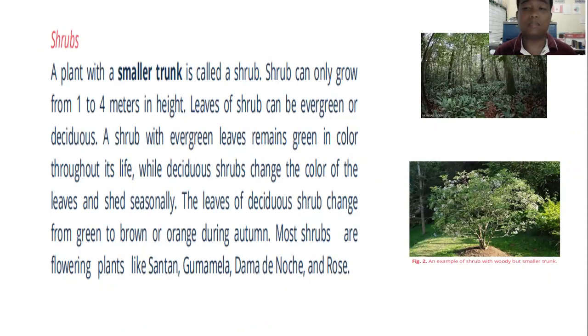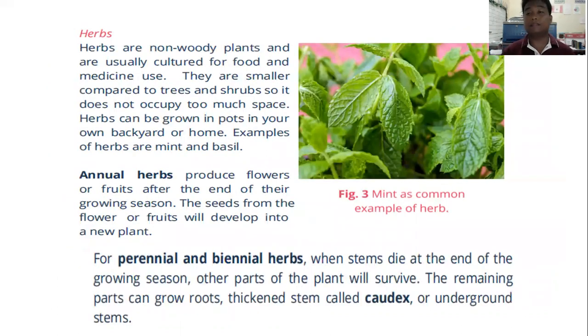Another type of terrestrial plant that we discussed is smaller, like shrubs, with a smaller trunk. And then herbs are non-woody plants, where they are smaller, and we can culture them, we can grow them at the back of our house, in pots. If you are in an apartment and you want to plant, herbs are the best to plant in pots if you are in an apartment, or if you don't have a big space.